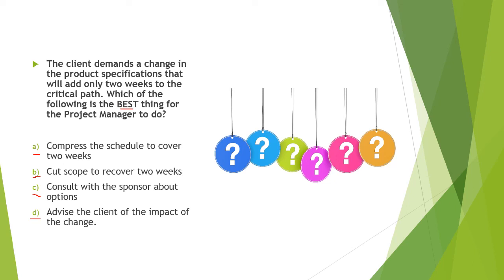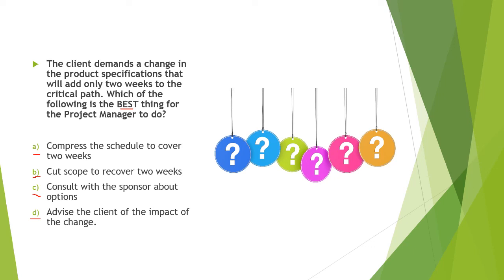So you need to remember very carefully what to do when there is a change. The first step you do is you need to evaluate. You should not take any actions without proper approvals. If there is a change request, you need to evaluate its impact.